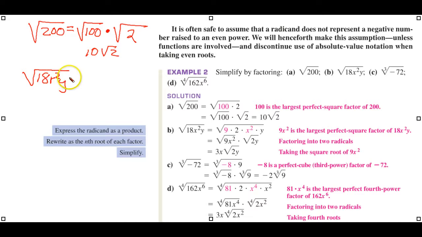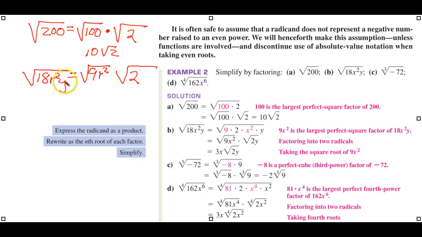And now in this next one, again, we're hoping you're developing a technique. 2 sets of radical signs, because we want to factor this into any perfect square factors under the first radical sign. So can you all see 9 times 2, where 9 is a perfect square? R squared, or any multiple of 2, is a perfect square.